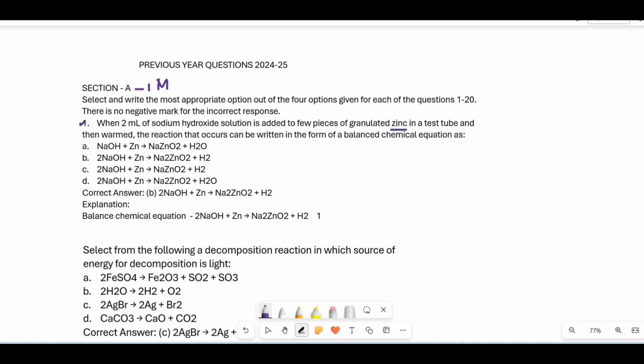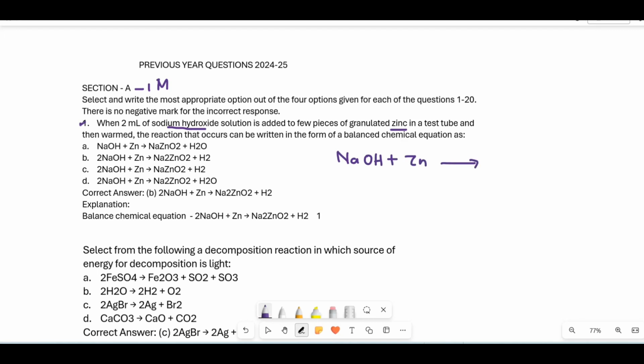zinc. So NaOH is added to zinc in a test tube and then warmed. The reaction that occurs can be written in the form of a balanced chemical equation. So you are supposed to write the reaction between sodium hydroxide and zinc. The formula of sodium hydroxide is NaOH and that of zinc is Zn.